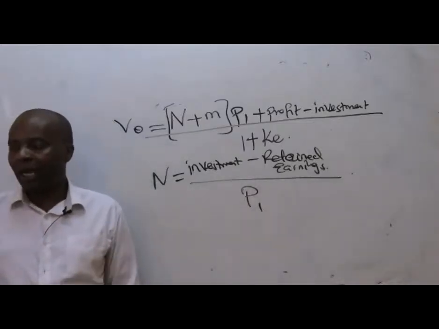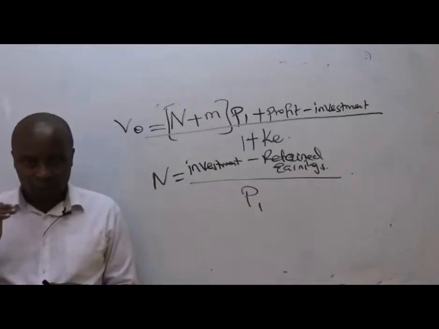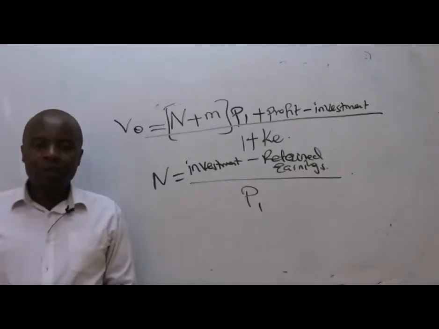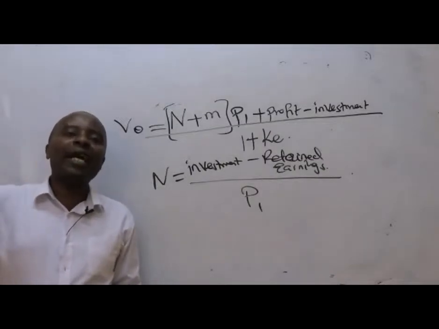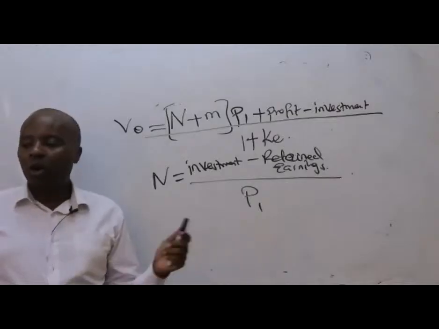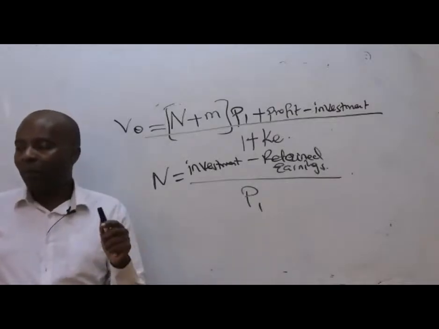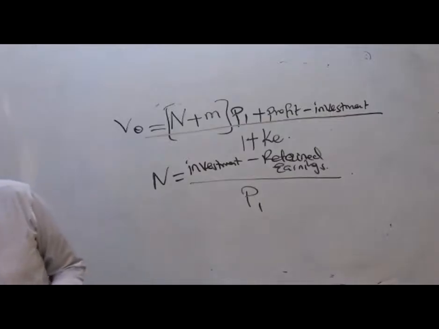So for N, you look at what investments you want to do, and you subtract the component of this investment that will be financed through the retained earnings, all over P1.